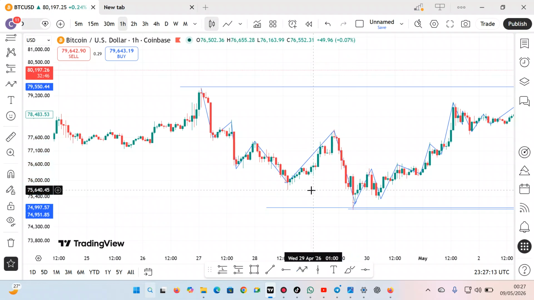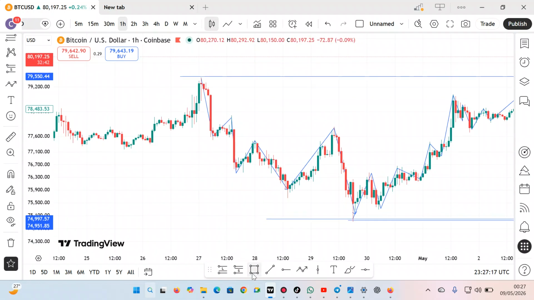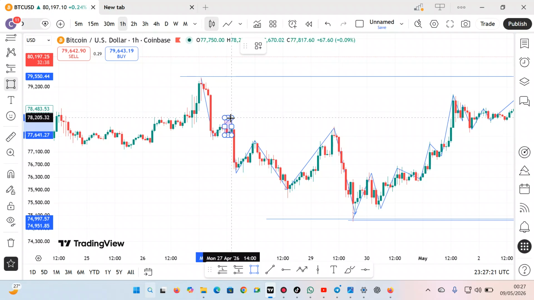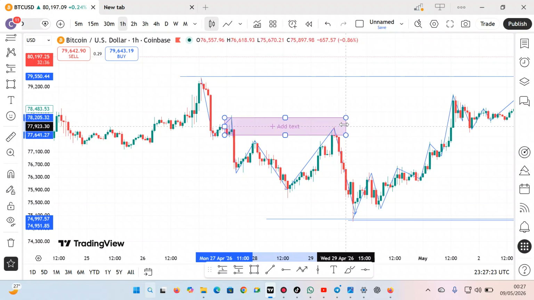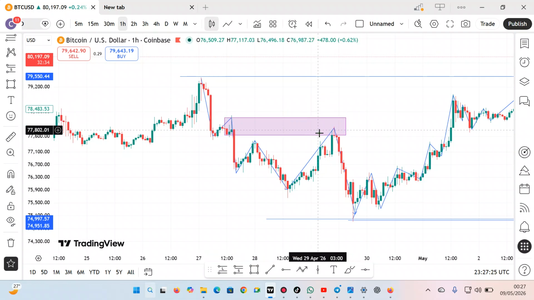Now, observe something in forex trading. This is when traders are allowed to join the market. Do you understand? Because if you understand everything that happened here, when the market pulls down to this zone, the higher low is supposed to be created to push down.